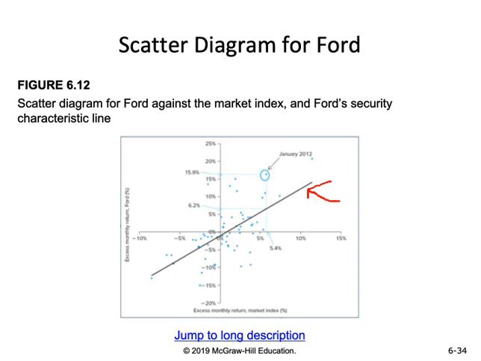So if anything plots in this upper right quadrant, it means that the market index had an excess return that month, as did Ford. And if it plots any of these data points here, the market had a positive excess return, but Ford had a negative one because they're plotted along the Y.